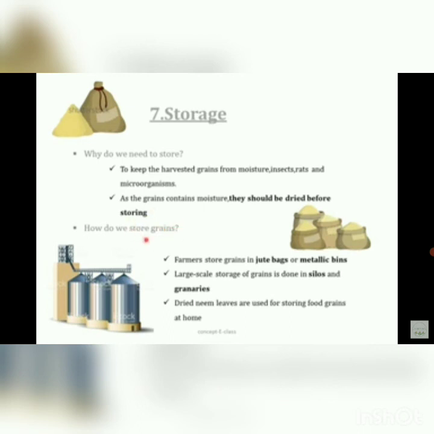Farmers store grains in jute bags or metallic bins. Large scale storage of grains is done in silos and granaries, and dried neem leaves are used for storing food grains at home. This is the last procedure we call storage.